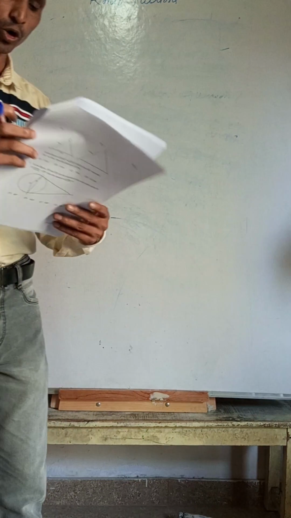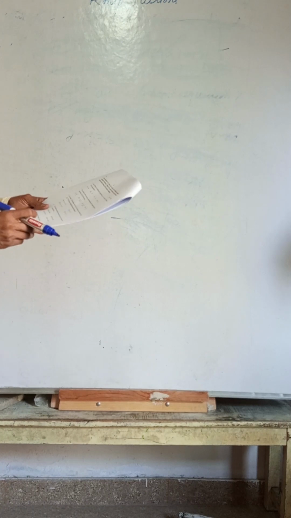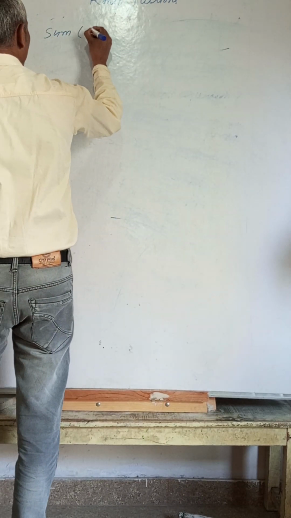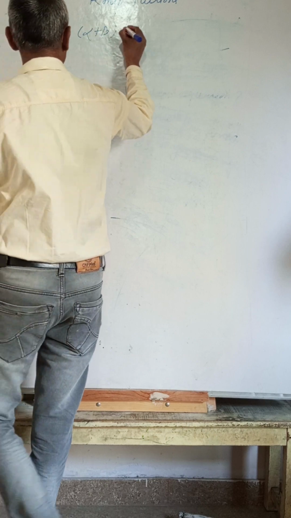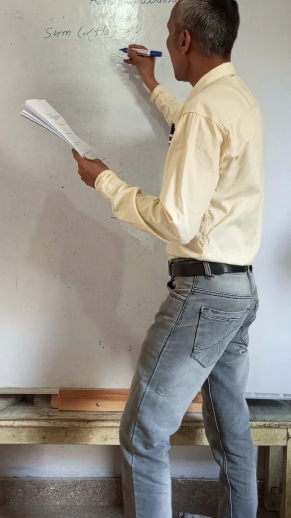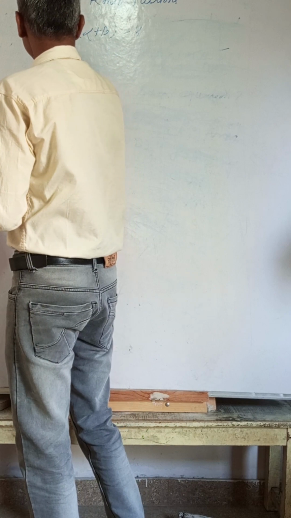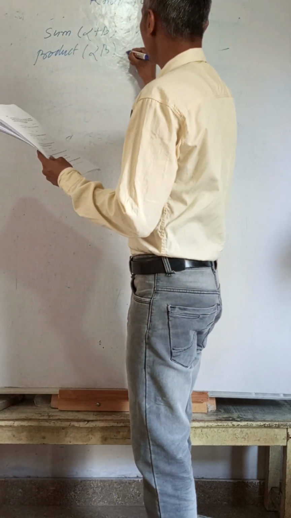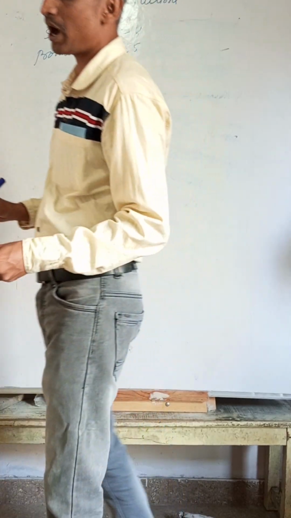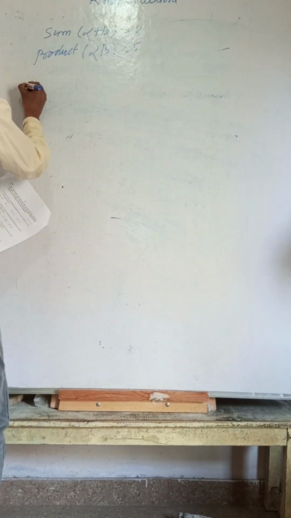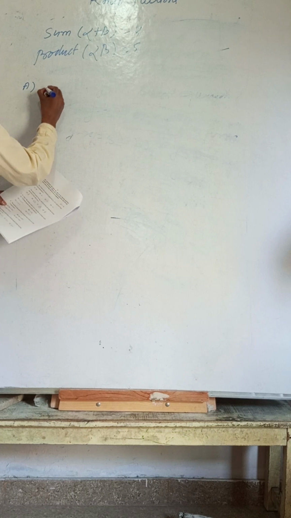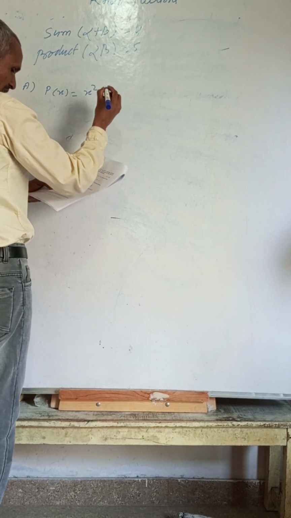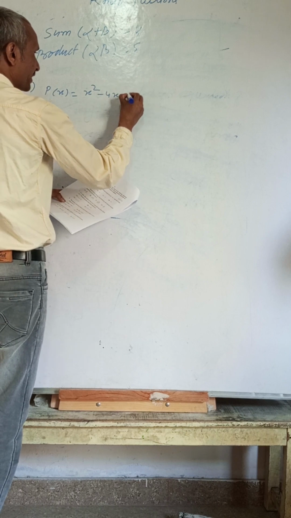If the sum of the zeros of the quadratic polynomial, alpha plus beta, is equal to 4, and the product, alpha into beta, is equal to 5, then find the quadratic polynomial. Options given: A option, p(x) is equal to x square minus 4x minus 5.